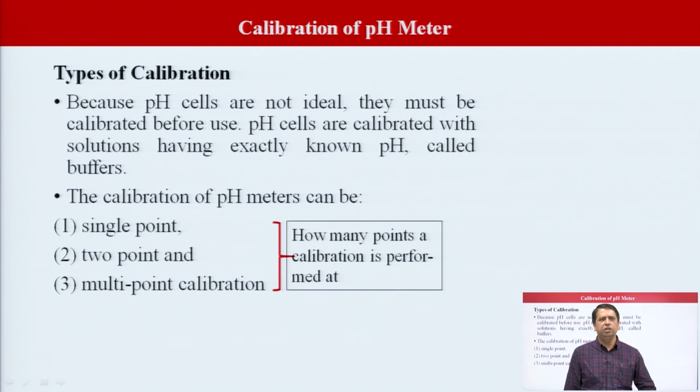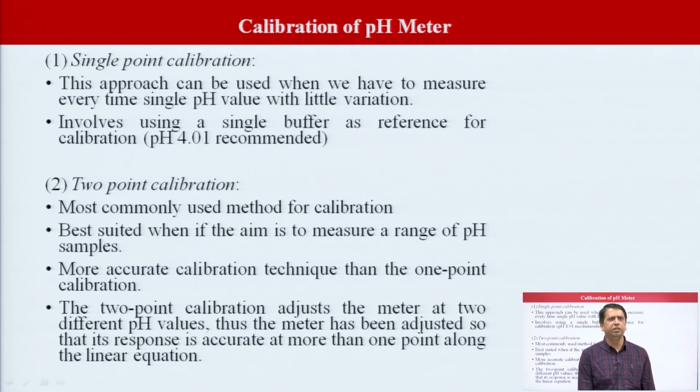If we are calibrating at a single point, that is single point calibration, and if we are calibrating at 2 points, that is 2-point calibration, and if there is a multi-point calibration, that means we are calibrating at multiple points. So, what is single point calibration?